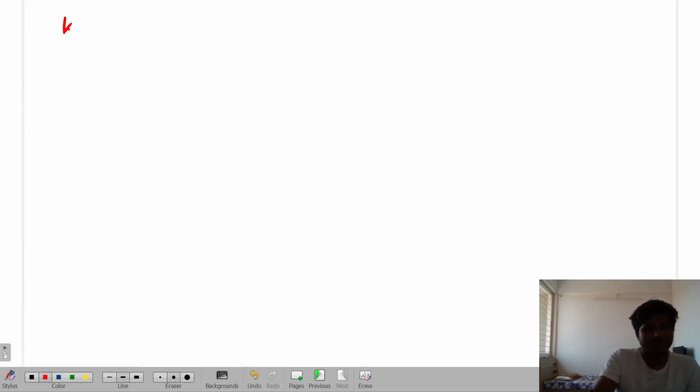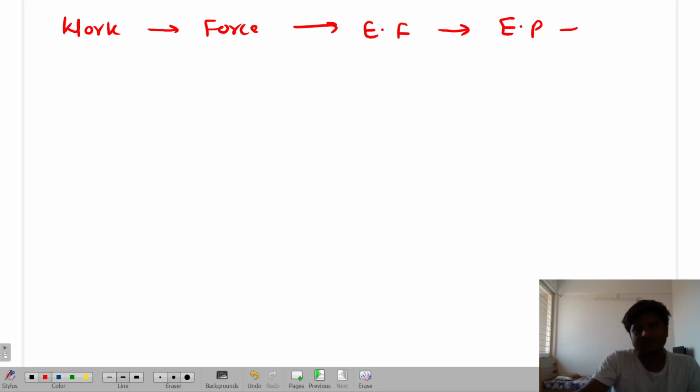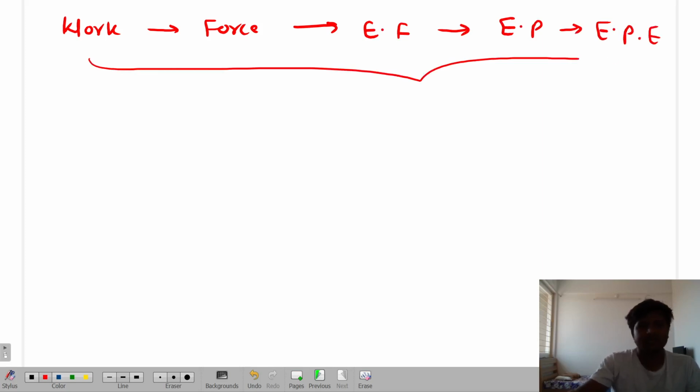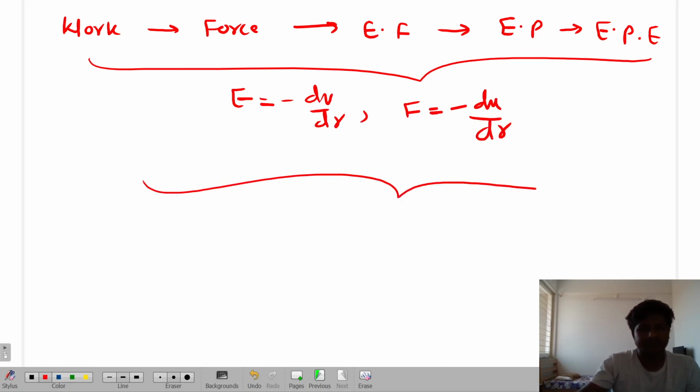We related how the work, force... Remember that there are four things: electric field, electric potential, energy, and then their variation, like E is equal to minus dV by dr, and force is equal to minus dU by dr, and then comes at the end the last point which we call electrostatic or equipotential surfaces. Got it or not?